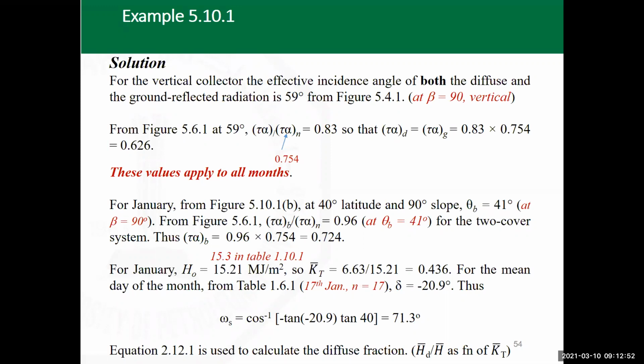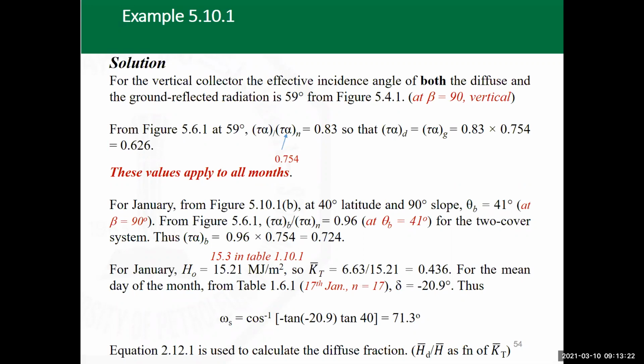This is going to be used for the mean day of the month. So we need to go back to table 1.6.1 to know that if we are talking about January, the mean day of the month is January 17. Then you apply the expression for delta: delta equals 23.45 sine of 360 times (284 plus n) over 365.